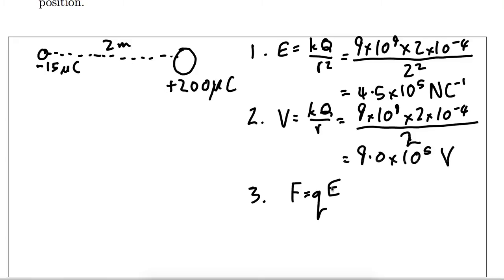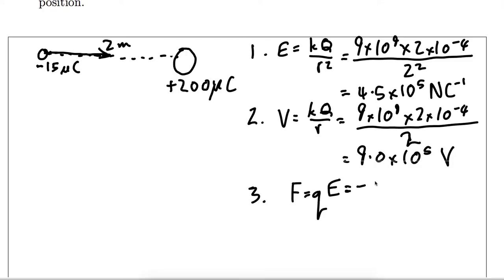And in question 1, we already calculated the electric field at that point to be 4.5 by 10 to the 5 newtons per coulomb. So minus 15, we can use the minus. It just tells us that it's an attractive force rather than a repulsive force. If the charges were the same, they would repel one another, but they're opposite, so they'll attract. So the force will be in the direction to the east, toward the other particle rather than away.